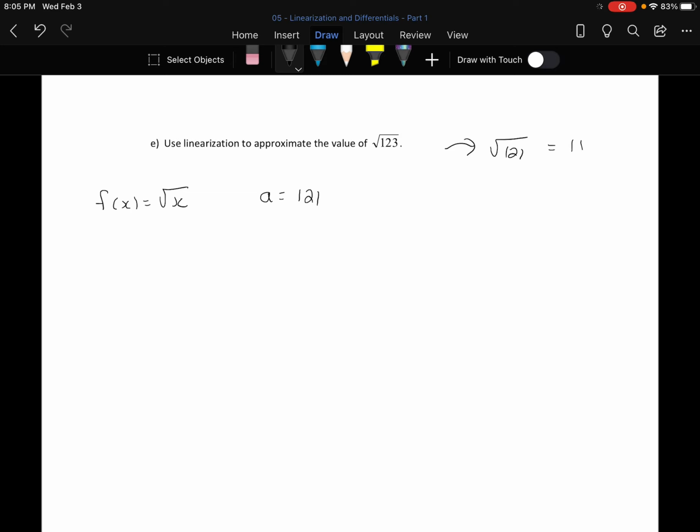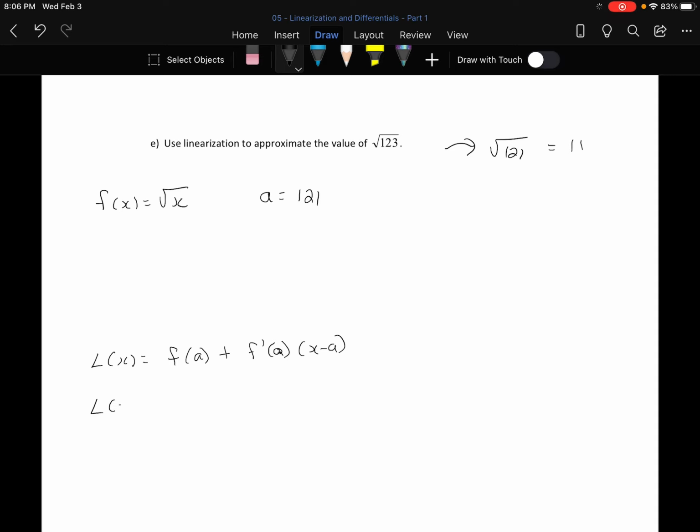So f(x) equals root 121. My linearization that I'm going to use is, let me just write it down here before I do my calculations. Linearization of this function, root x, at a value of 121 equals approximately f(a) plus f'(a) times (x minus a). Well, okay, I've got the a.